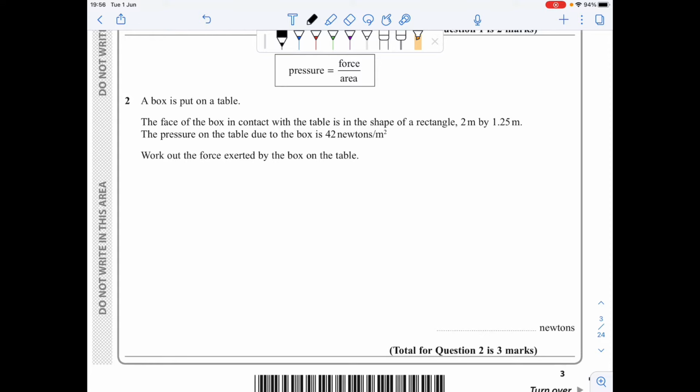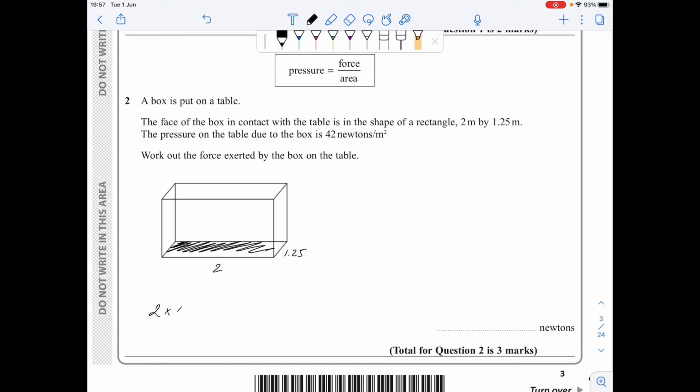I'll start question 2 by sketching the box. The base area is equal to 2 times 1.25, which is equal to 2.5 square meters.